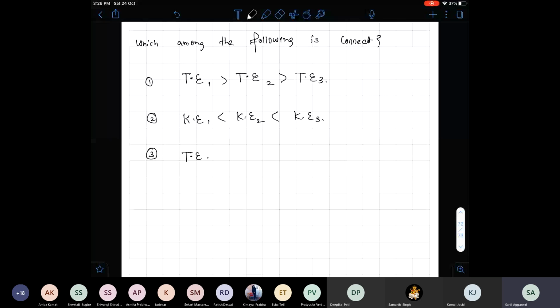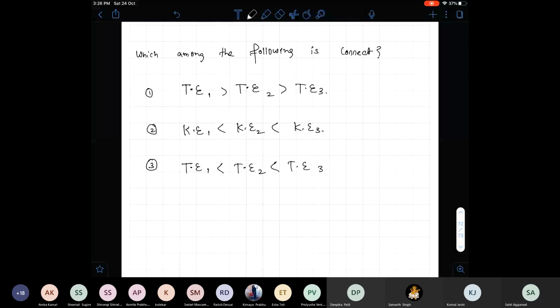Total energy in first orbit is lesser than total energy in second orbit is lesser than total energy in third orbit. Which among the following are correct?